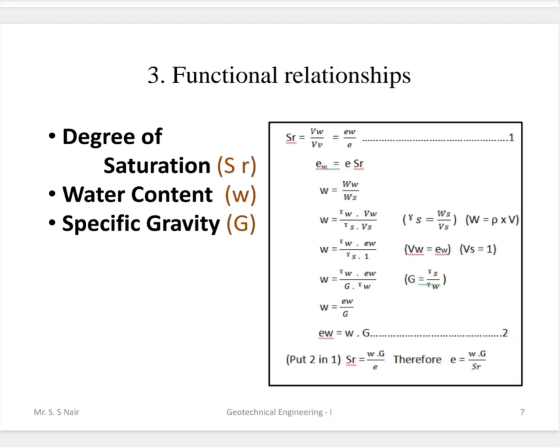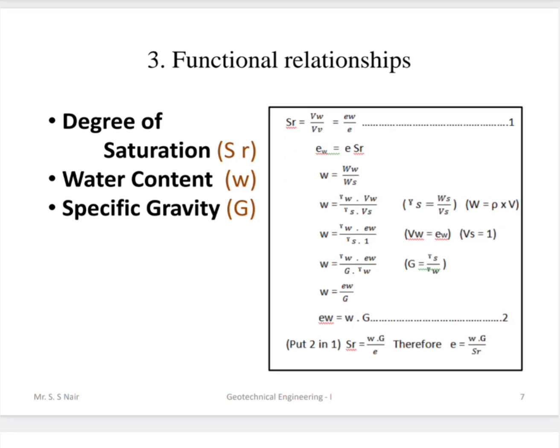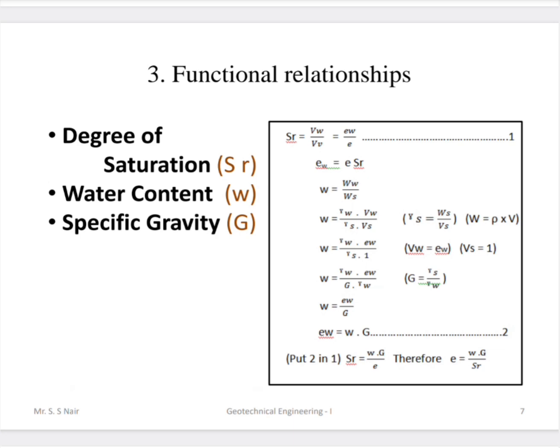Now another equation we also know, that is moisture content or water content is weight of water to the weight of solid. Converting the weight into density into volume, W equal to density of water times the volume of water divided by density of solid times volume of solid.